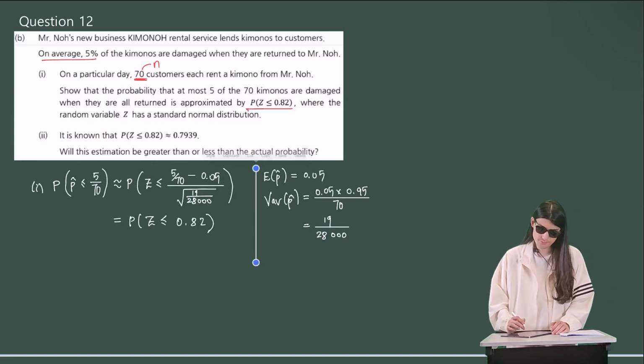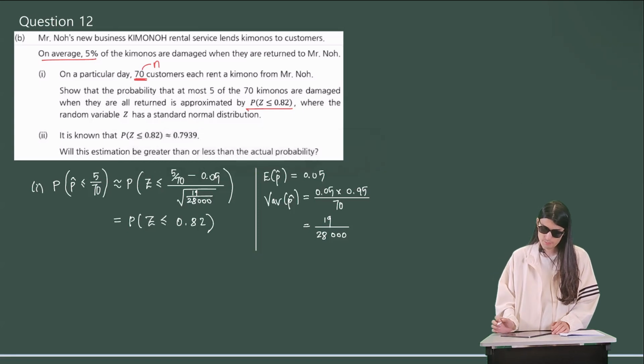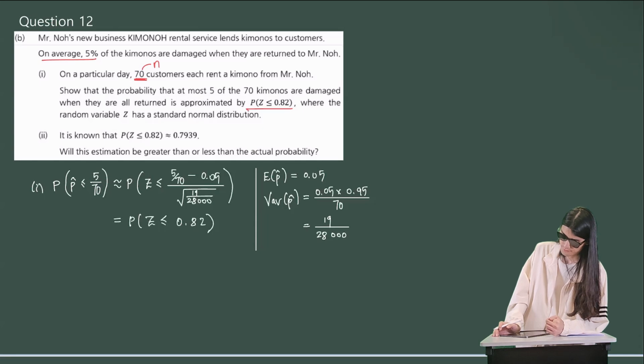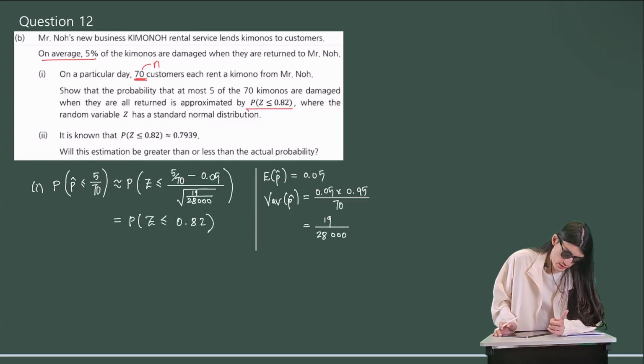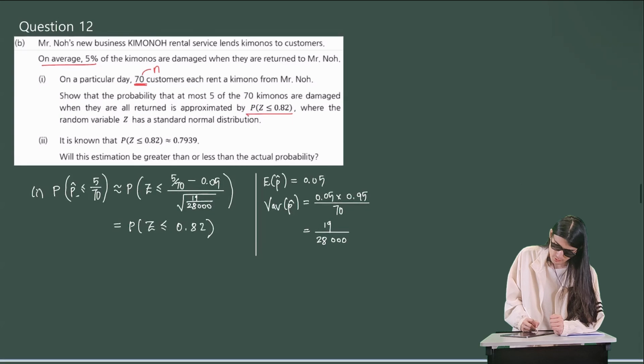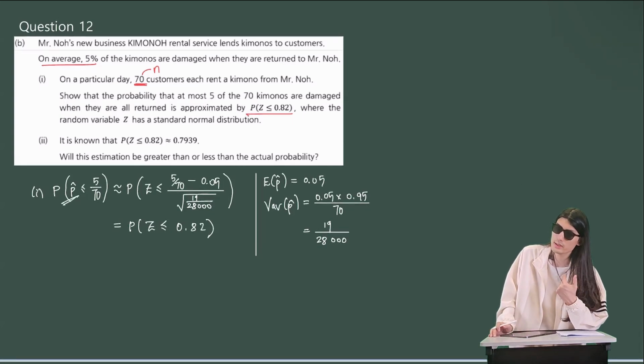Now the second part, will this estimation be greater than or less than the actual probability? This question is testing your understanding of the fact that the proportion of damaged kimonos actually has a binomial distribution, which is a discrete distribution, and that you are approximating it with a normal distribution, which is a continuous distribution.